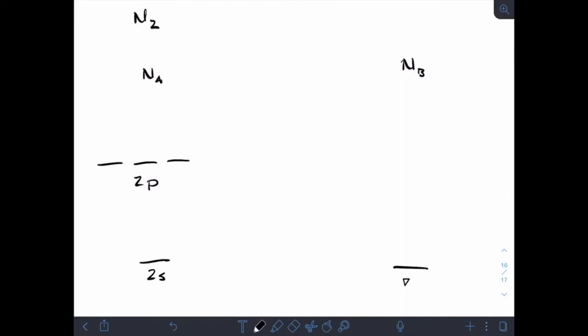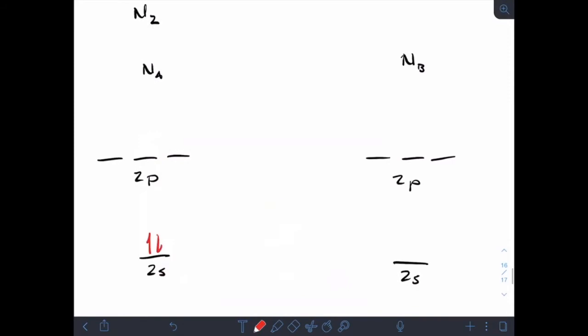It's 2s, and 2p, and the p has 3 slots. So each nitrogen has 5 valence electrons. So we fill our valence shell 1, 2, 3, 4, 5, and 1, 2, 3, 4, 5.